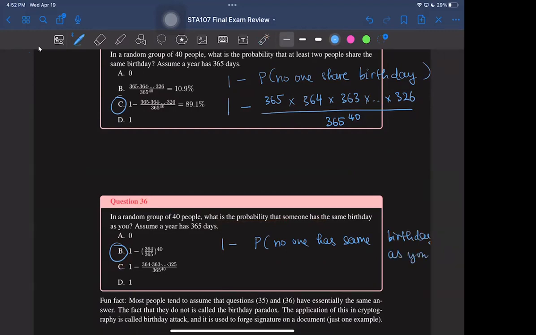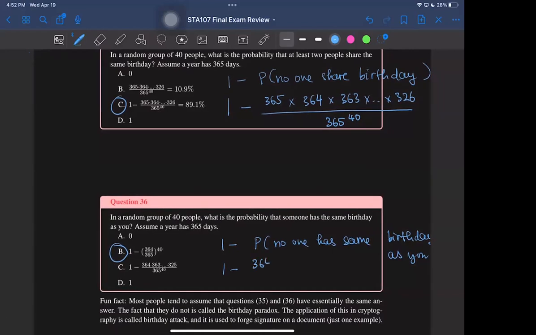A student sent me their explanation: each of the 40 people just needs to have a different birthday from me, not amongst each other. They just need to choose any different day from the 365 days each. That makes sense. So imagine that your birthday is fixed and you want no one to have the same birthday as you. They can pick any day out of the remaining 364 days.